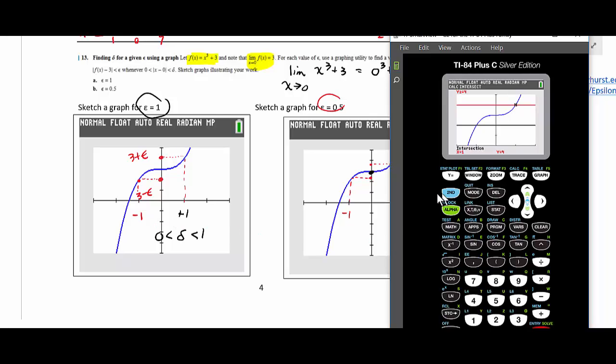Then if I started this over again and did intersect again, now I need to take my cursor way down to the left. Sometimes this graphing calculator doesn't keep up very well, so I have to move this way over here, and sometimes my calculator crashes when I do stuff like this because it just doesn't keep up with my mouse very well.